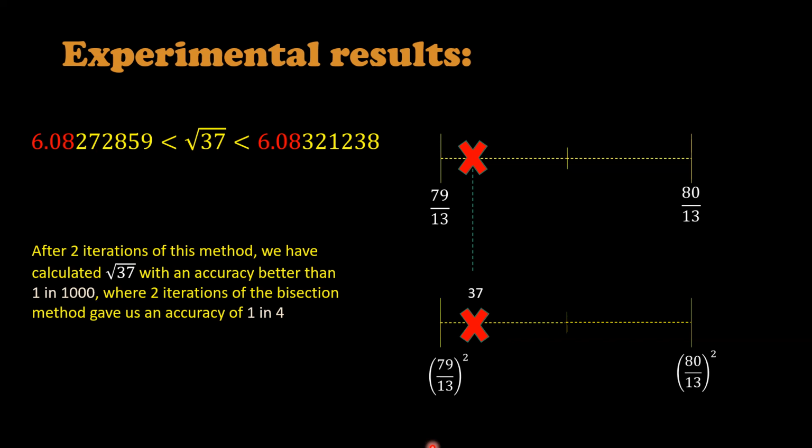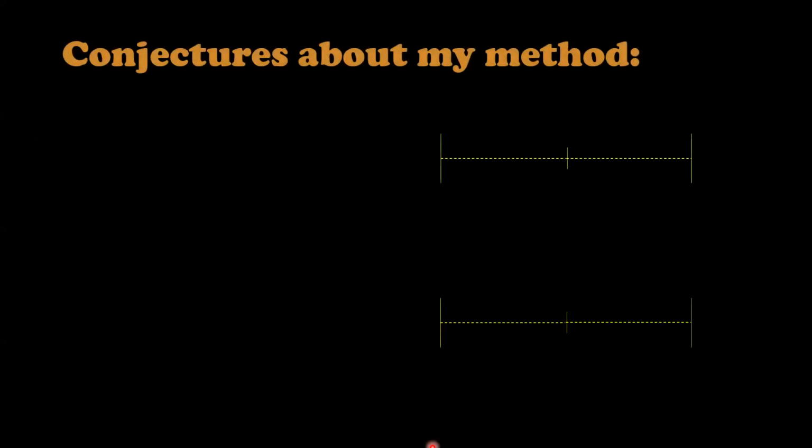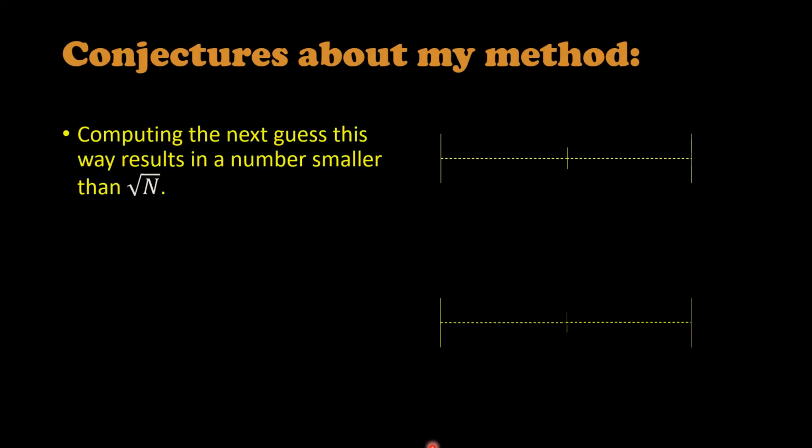All right, so this is a vast improvement, but there are a couple of things that I'm being very wishy-washy about. We have to state these as conjectures. Conjecture number 1 is that when I compute the next guess this way, I'll always get an underestimate, a number smaller than root n.